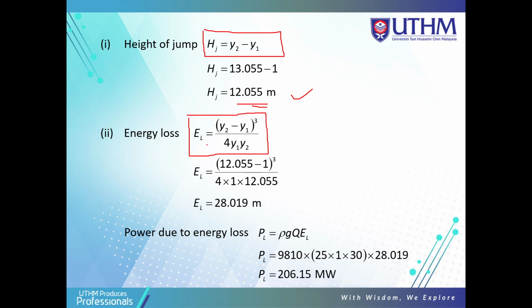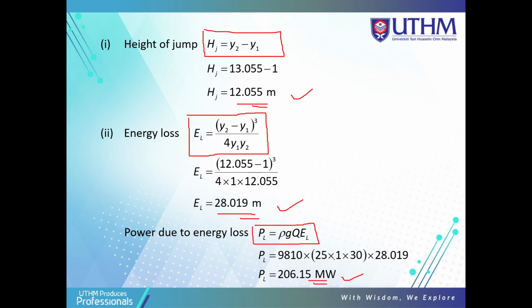So you get the value of energy losses here. Then after that, you must use the power due to energy losses. Put all the values here, and put the Q and EL here. So we get the power of energy losses.